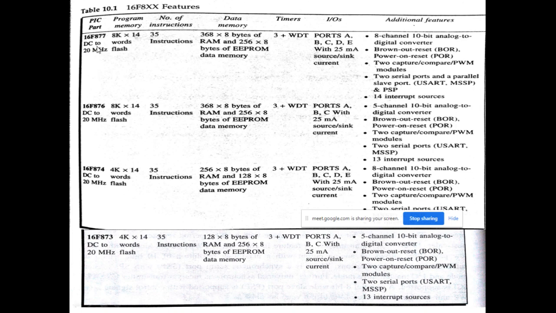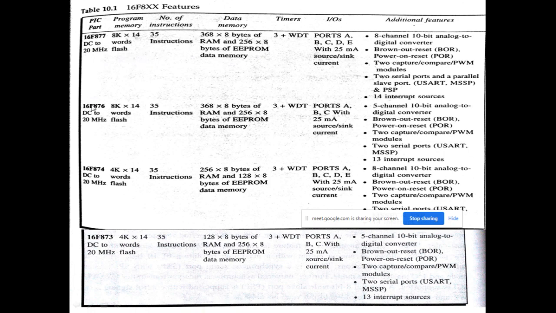This table shows actually the features of all 4 different family members which are lying at the highest level in their family. They are having maximum possible features. Actually 16F877, this IC PIC microcontroller has topmost features, highest level of features.